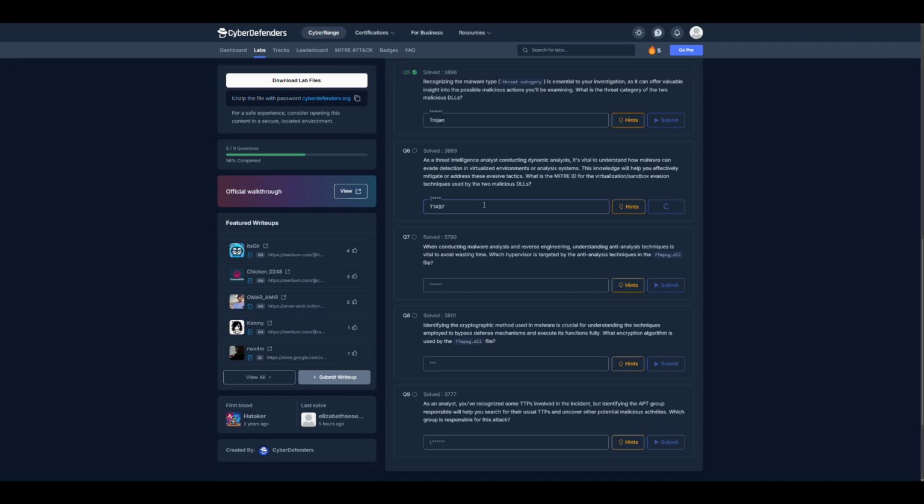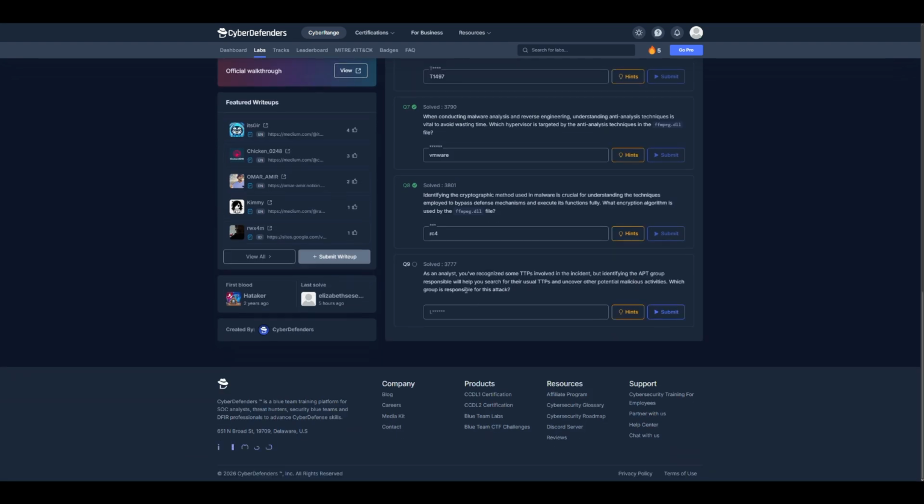We identify these as C2 URLs by inspecting the memory strings and network logs, revealing a sophisticated infrastructure used for data exfiltration.